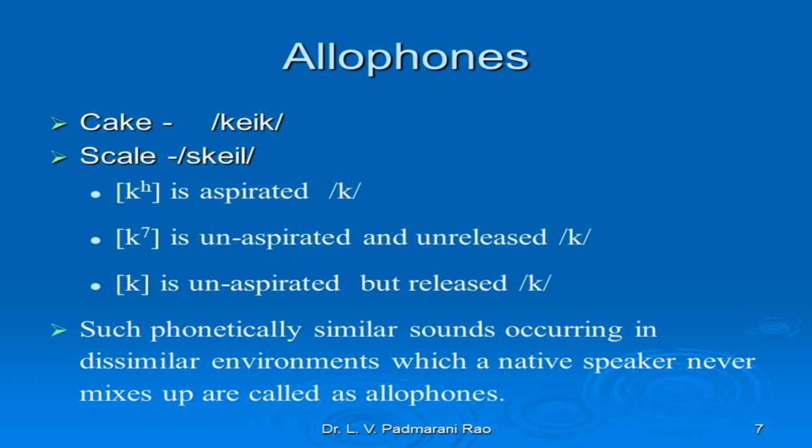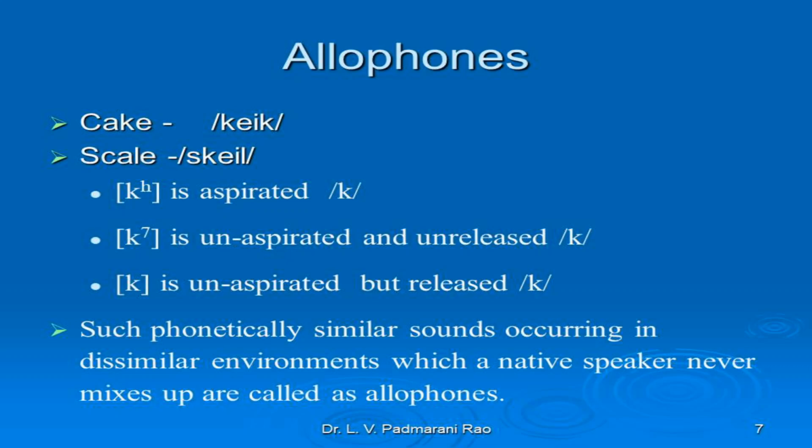The word final k in the word cake is unaspirated because it is not present in the initial position, and unreleased because it is the word final one and the tongue touches the tip of the soft palate and remains so. So the second variety is the unaspirated and unreleased variety of k.